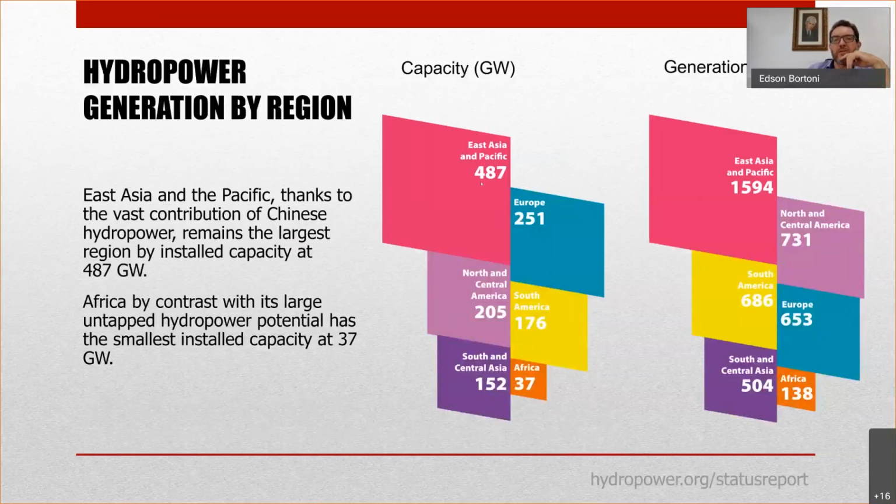Interesting that Asia has the biggest installed capacity and the biggest energy. And America has the third place of installed capacity, but the second place in energy. Europe fell from second to fourth place.